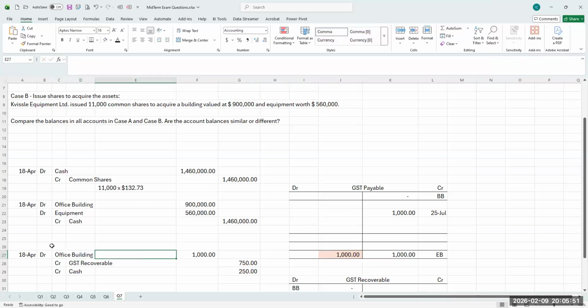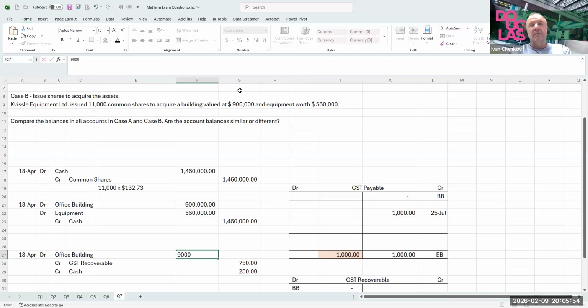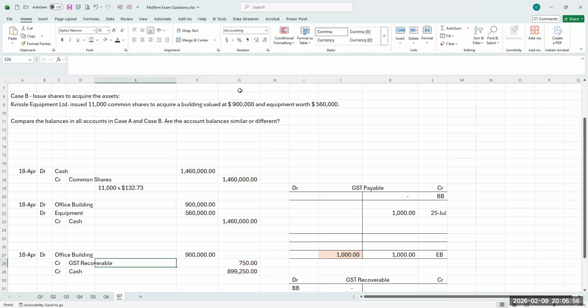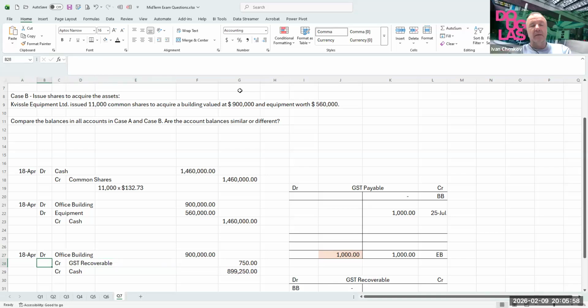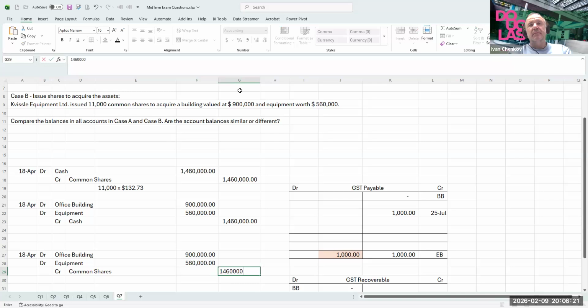For 900,000, yes, because it's an asset. Then they get equipment for 560,000. And then what did they issue? They issued common shares, 1,460,123.